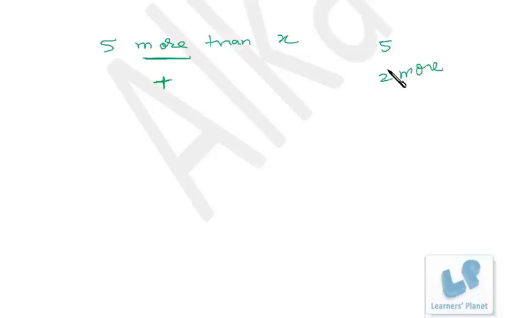That's 5 plus 2. That means more means plus. So 5 more than x means x plus 5, or you can write 5 plus x.